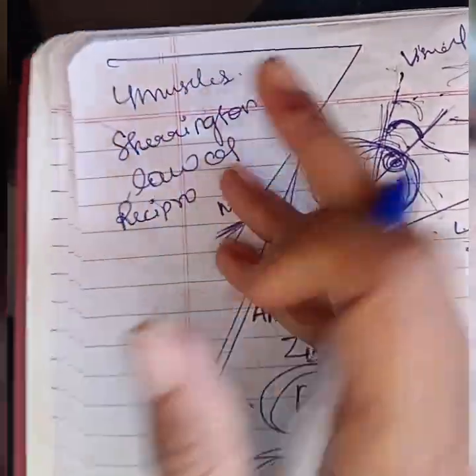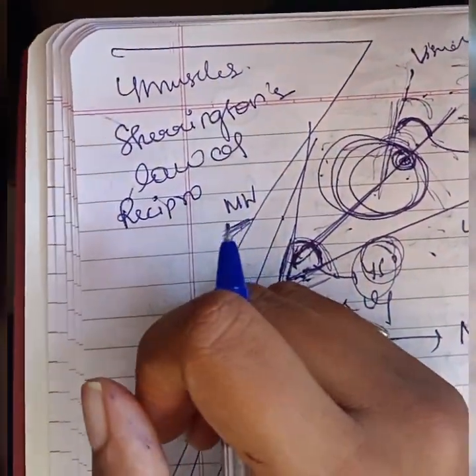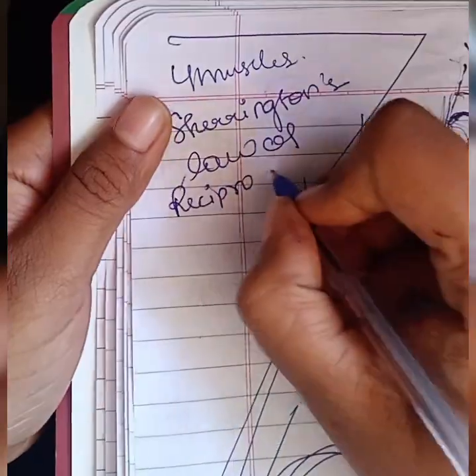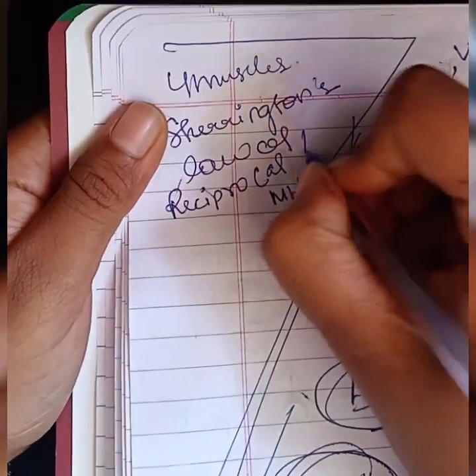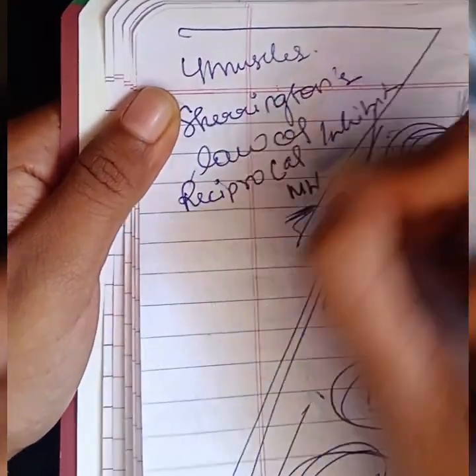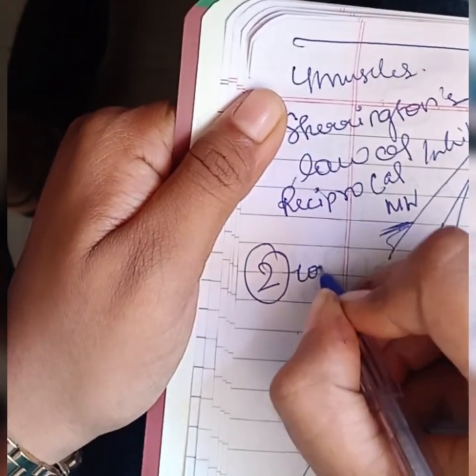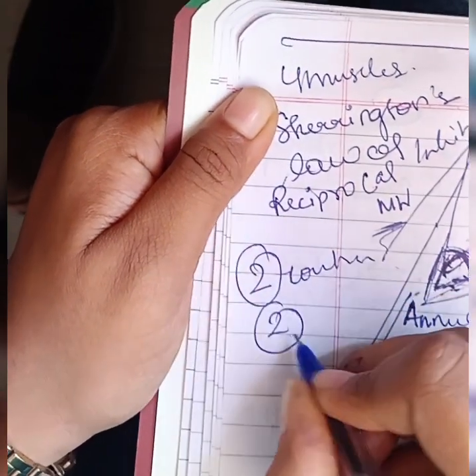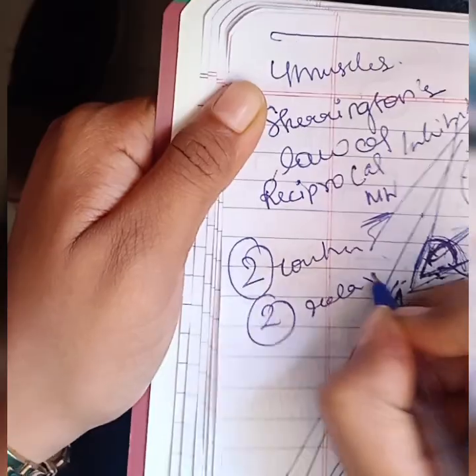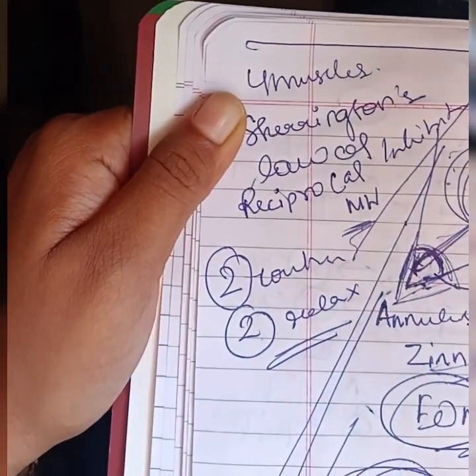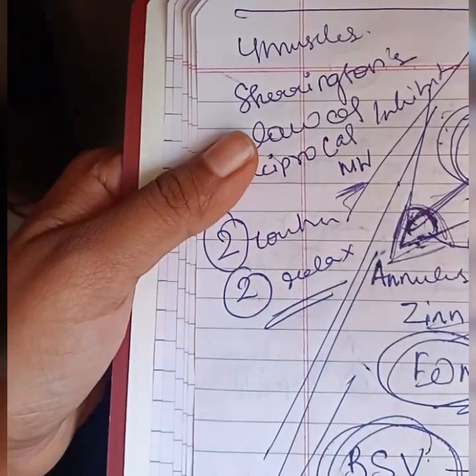So if I hit the paper, then the paper also hits me. So similarly, if two muscles contract, then the rest of the two muscles will relax. This is what Sherrington's law of reciprocal inhibition says.